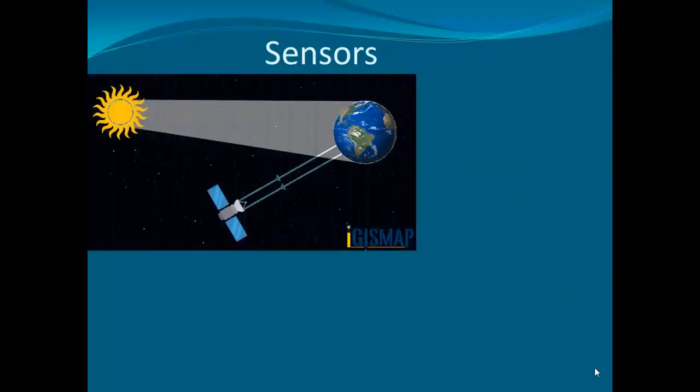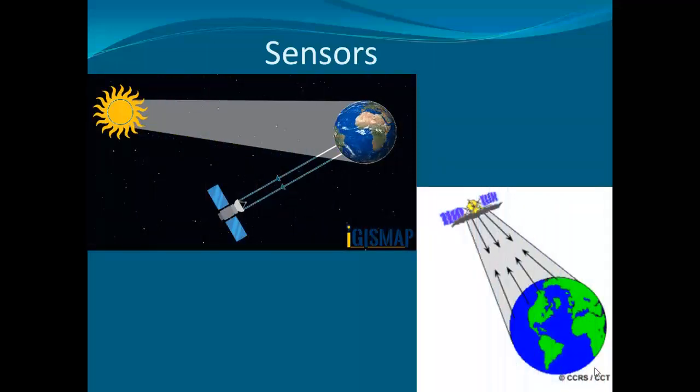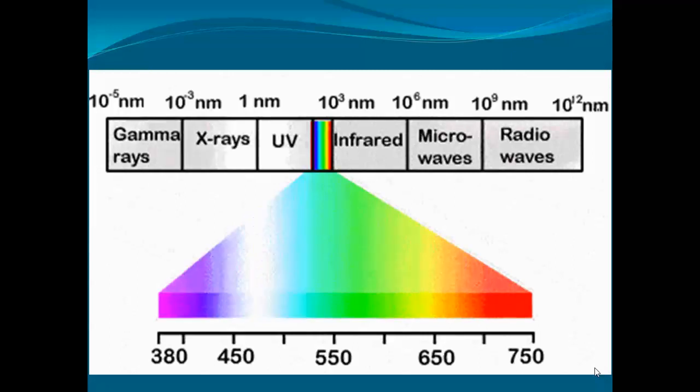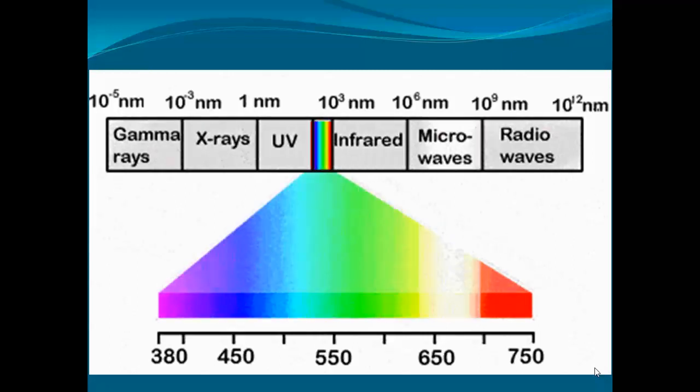And these sensors may be passive or active, which will obtain information in different electromagnetic spectrum ranges, and we use this data in various ways.